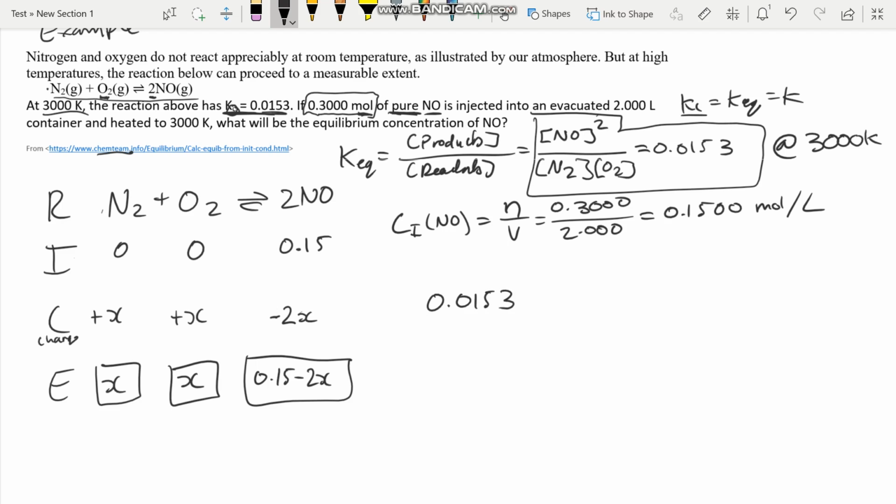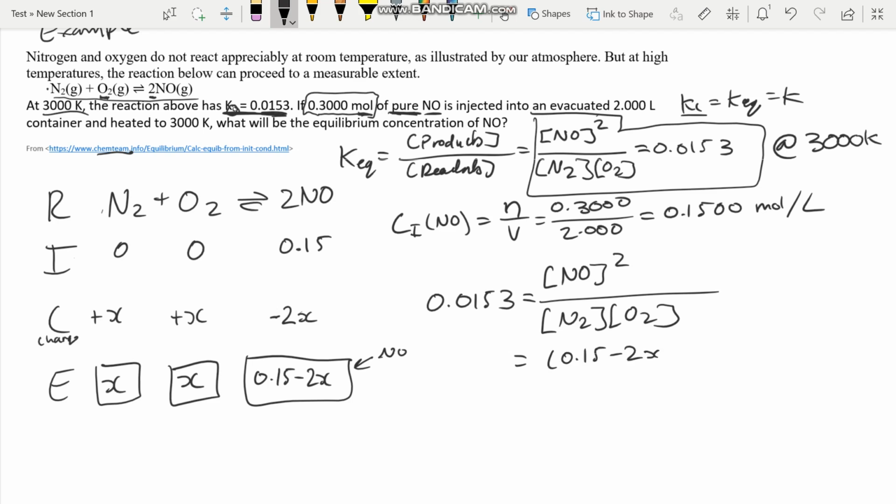So 0.0153, that was our equilibrium constant, Kc or Keq, equals [NO] squared over [N2][O2]. So the NO is this one. So it's (0.15 minus 2x) squared over N2, x, times x.